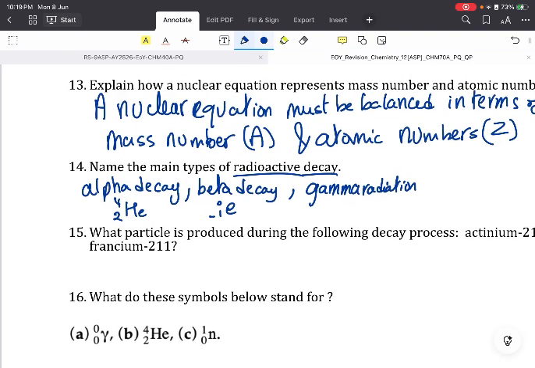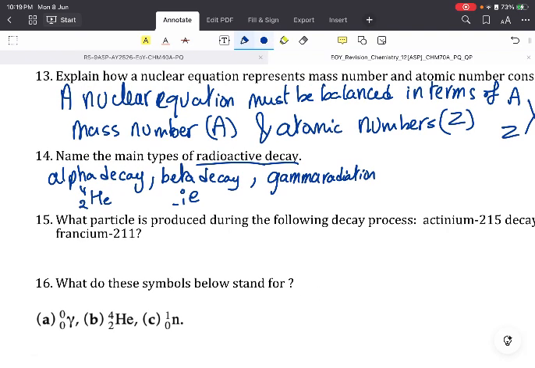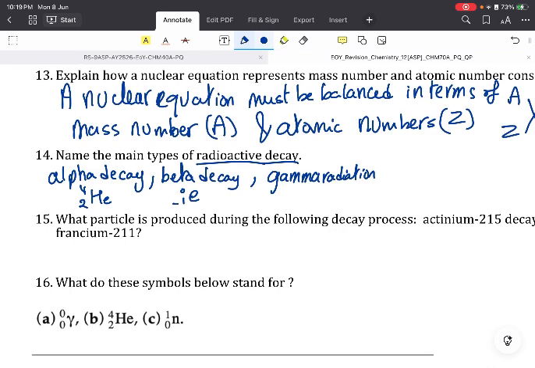Now, I was going to mention electron capture, but in the question, they mentioned the decay. So electron capture, it's plus electron. So it's added to the parent nuclide. So it's not a decay. So the main types of radioactive decays are these 3 types of particles.